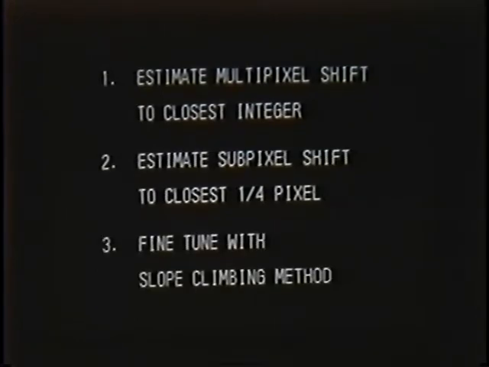Lastly, it uses a method developed for this thesis called slope climbing to fine-tune the estimate to be very close to the true shift. Tests on simulated data indicate that this last step is very accurate, with an average error of approximately 0.07 pixels. It requires, though, that the shift be less than a quarter pixel. Step 2 assures this for us.